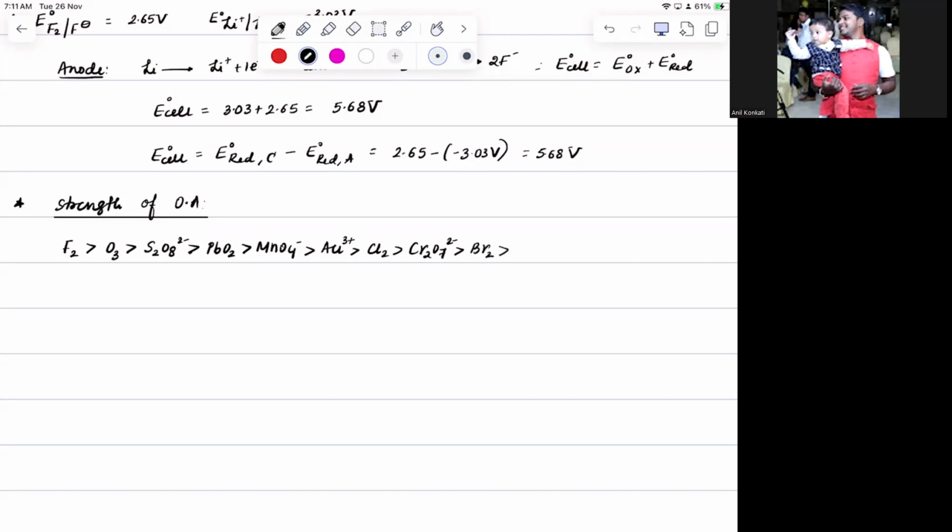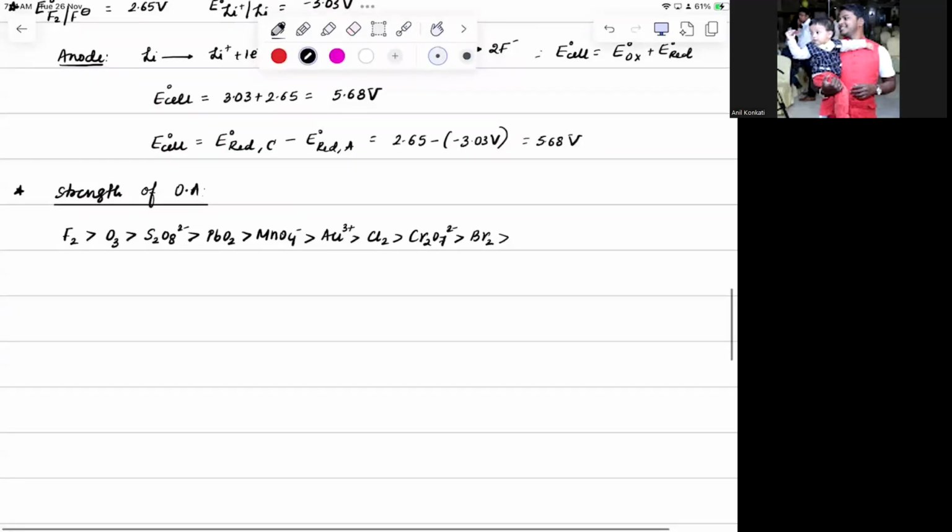After that we will get mercury, Hg2 plus, and then iodine here. After that, we will get silver. I think silver will be before. Wait, sorry, let me rewrite that.